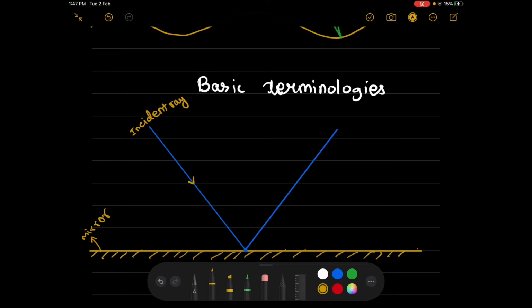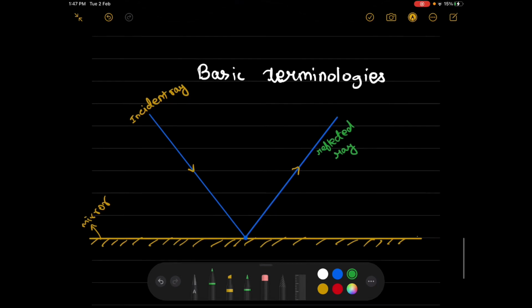What is it? Incident ray. The ray which is going back after bouncing, which got reflected, is the reflected ray. Now we draw a perpendicular from the mirror at this point.